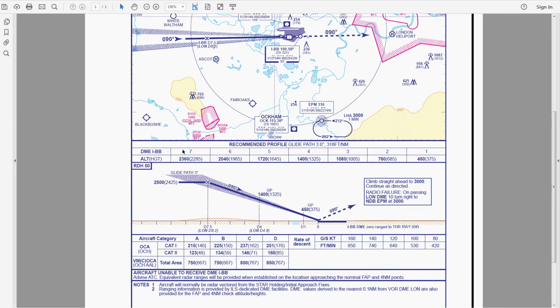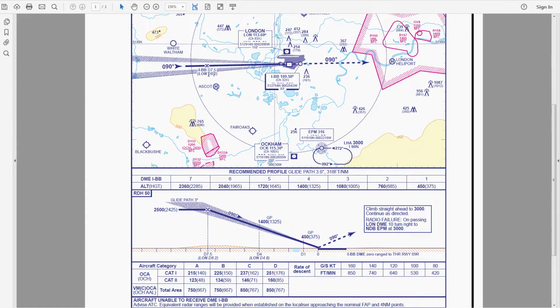DME, India Bravo Bravo, 7, 6, 5, 4, 3, 2, 1, Thunderbirds are go. We have that DME there, and it's telling you what altitude we should be at all the way through. And that is also corrected for the height of the threshold.